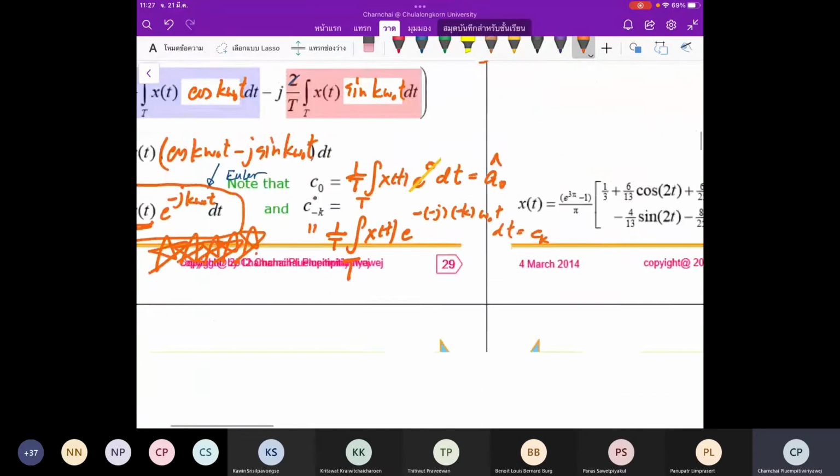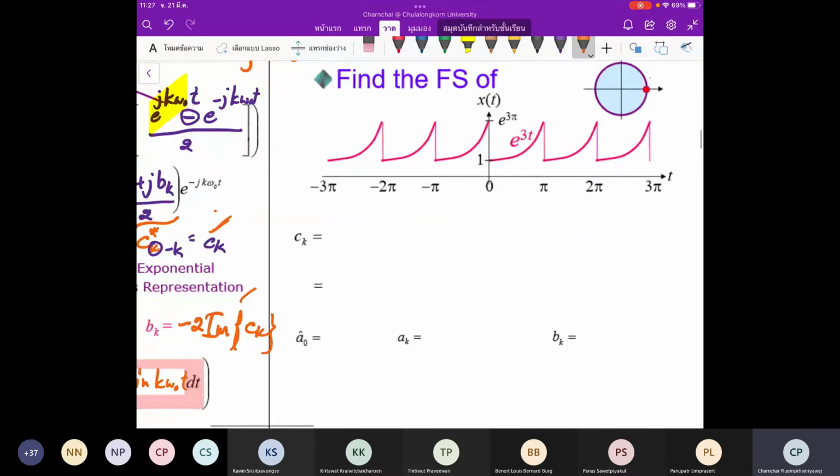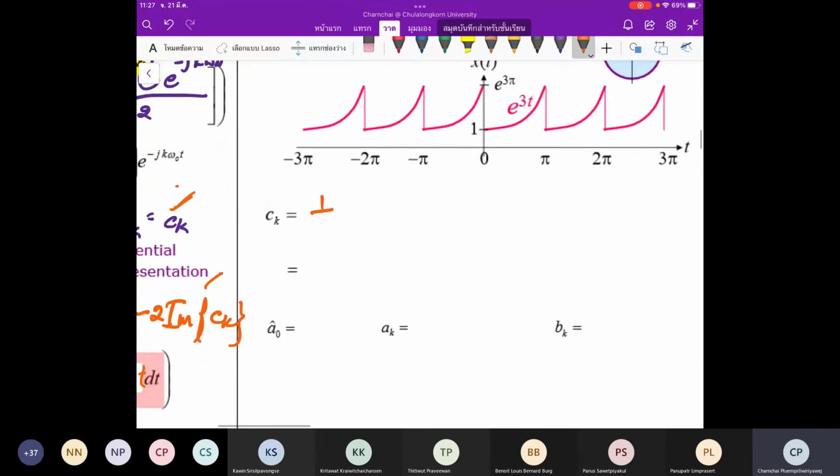CK is defined as 1 over T integral of x(t) e to the negative jk omega naught t. So this is 1 over T integrated from 0 to pi, the period, of e to the 3t times e to the negative jk omega naught t dt.